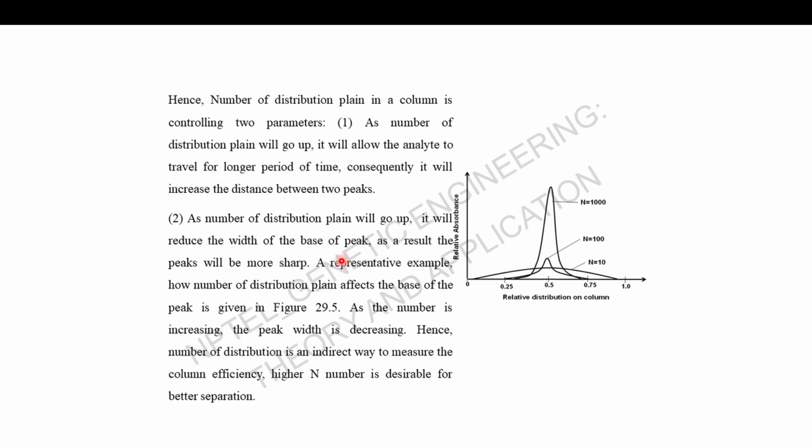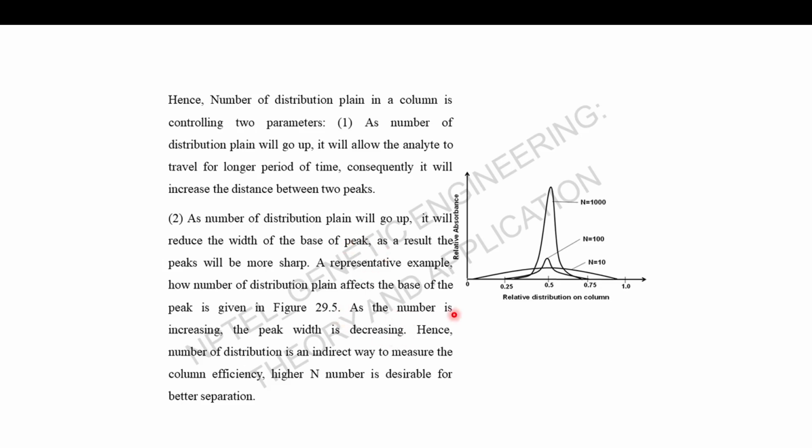Because if two compounds are resolved very nicely, then one compound will just elute out over a small volume, right? And the peak will be narrower. Two compounds will be separated very nicely, and resolution will be good.